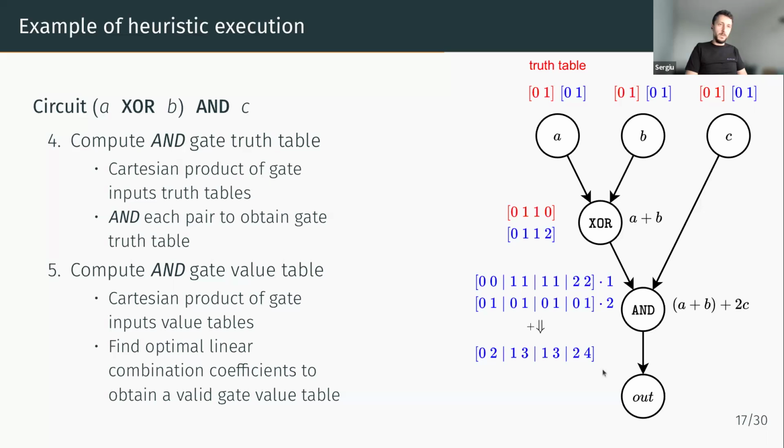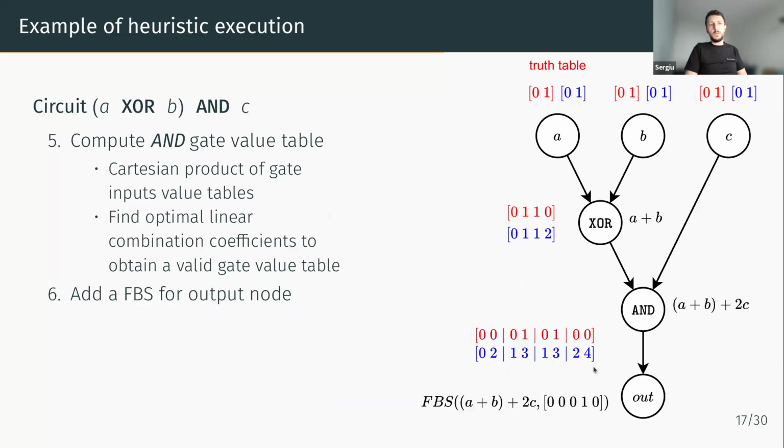Now, once we have computed these value tables and truth tables for node n, we must output it, and we cannot output it as a linear combination because it has values from 0 to 4, and we want a Boolean output.